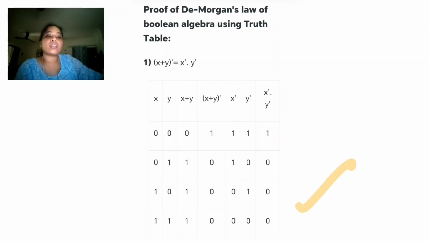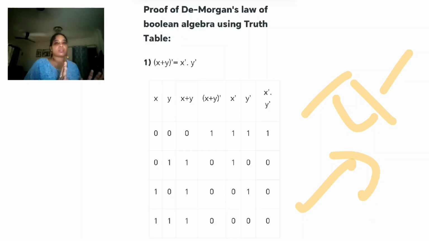So here you can see this truth table. The truth table means De Morgan's theorem says only A is true or B is true, not A and B both are true. So that condition is not satisfied in this De Morgan's theorem.